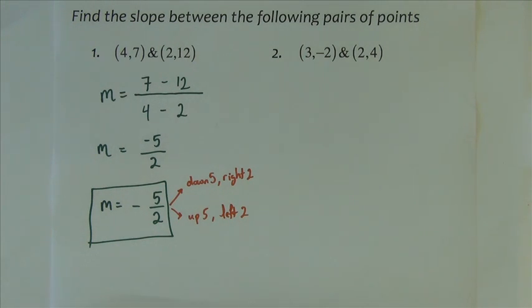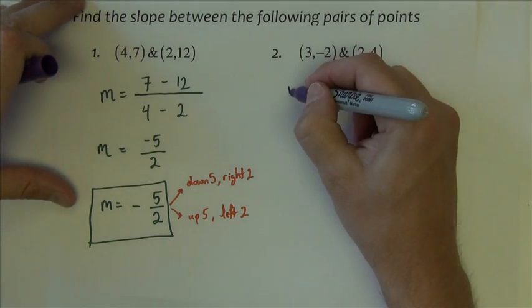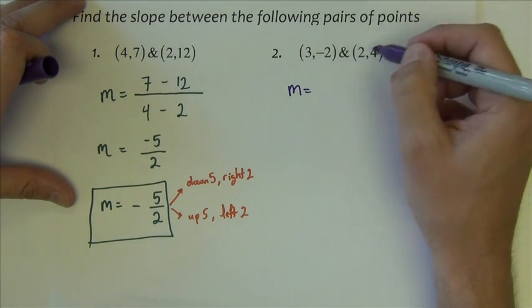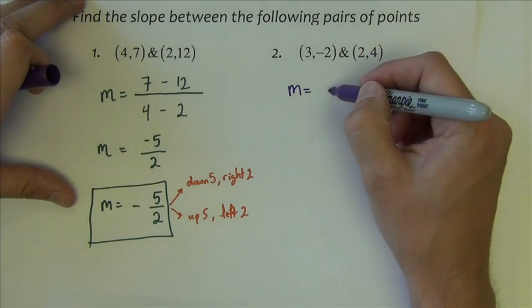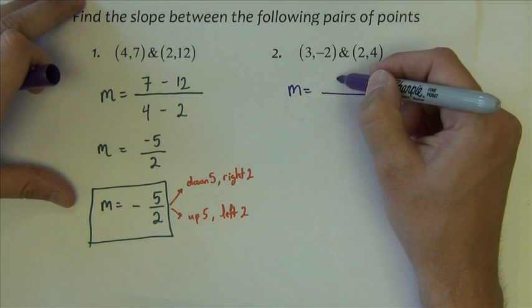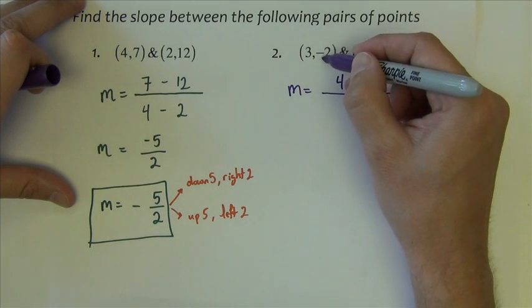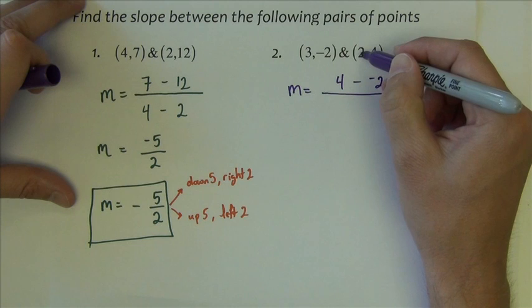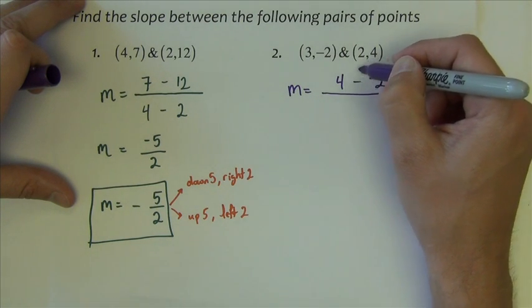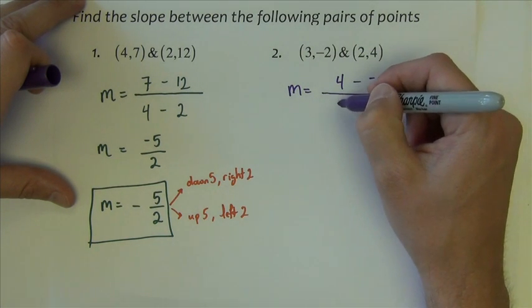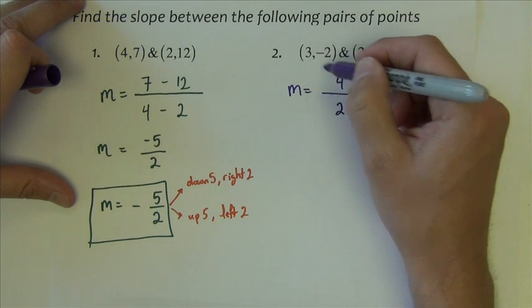Now let's do one more example. Here the slope m, I'll flip it around this time, why not? I'm going to start with this point, so I'm going to do 4 minus, and I want this y, negative 2. Since I started with this point here, I must start with the same point on the bottom of the fraction, so 2 minus 3.